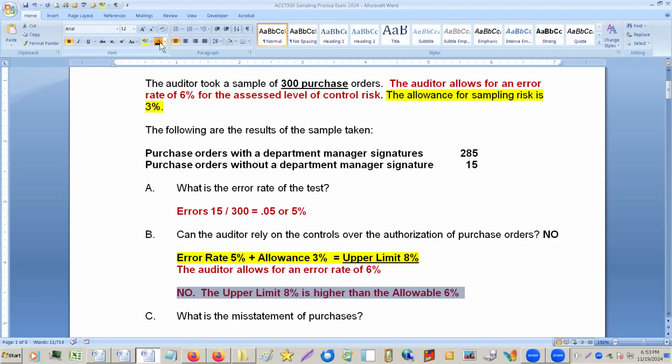So it's worse than we can allow for. So if the upper limit's higher, we can't rely on it. If it's lower, we can. If it's lower or the same, I should say, we can.